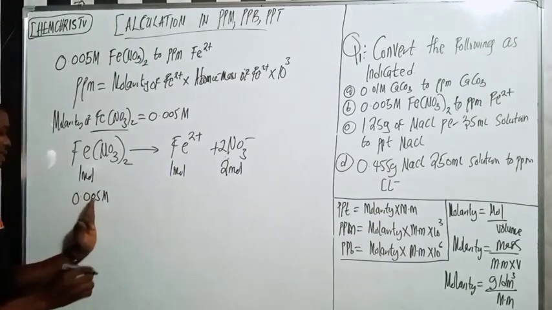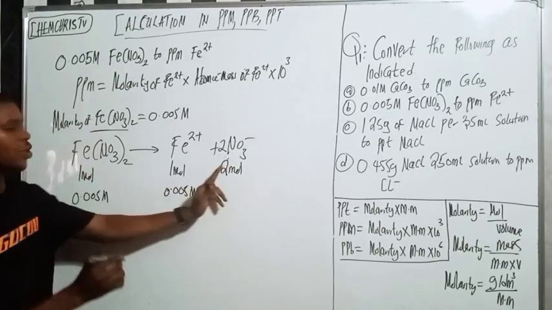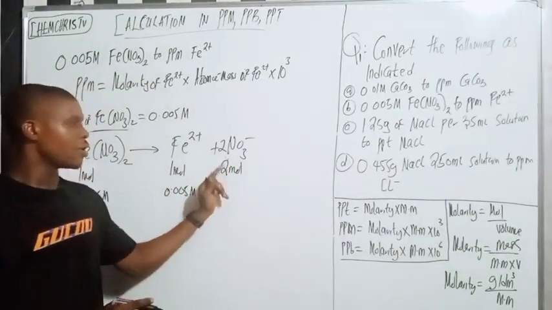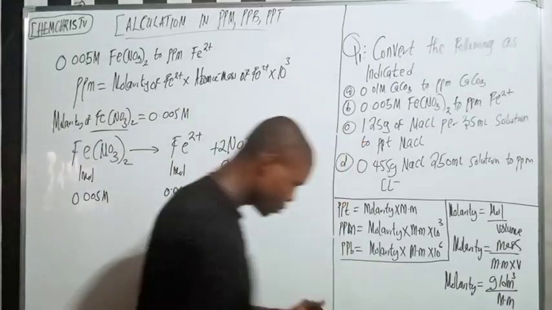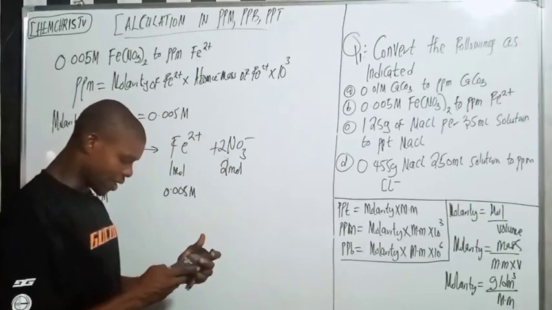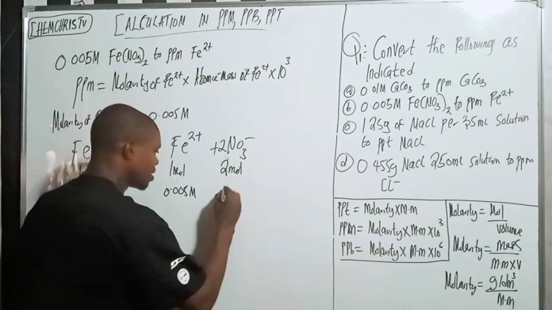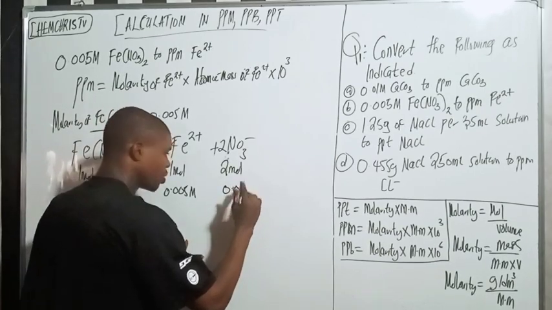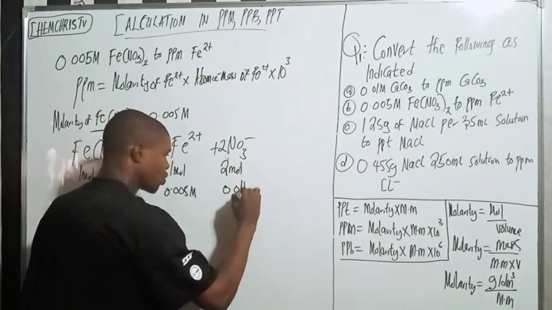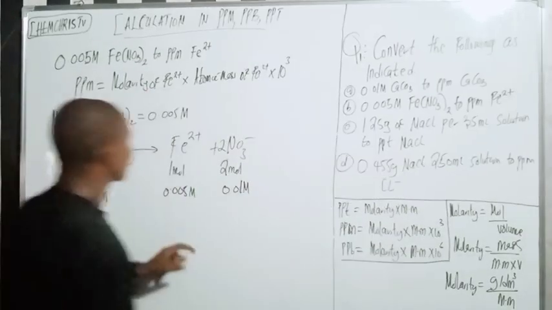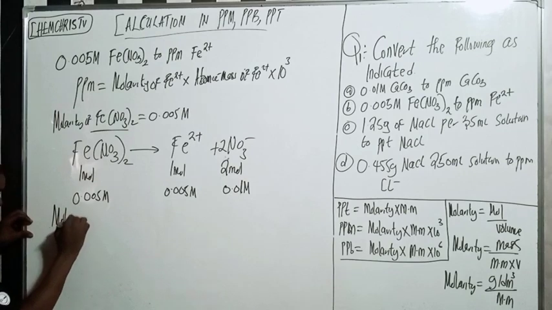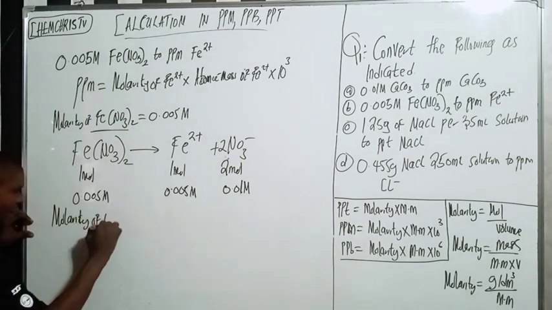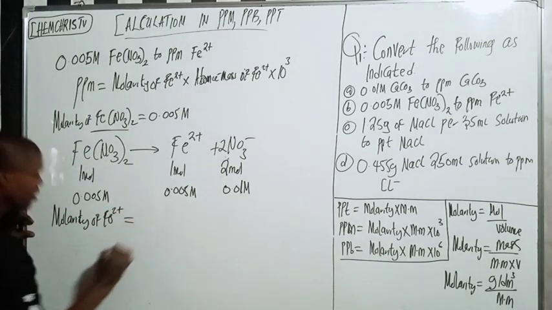But for the nitrate it won't be 0.005 because it's 2 times 0.005, which is 0.01 molarity. So you know that the molarity of Fe2+, right, is what?